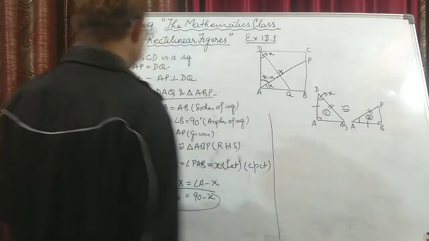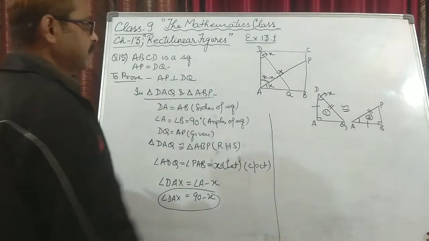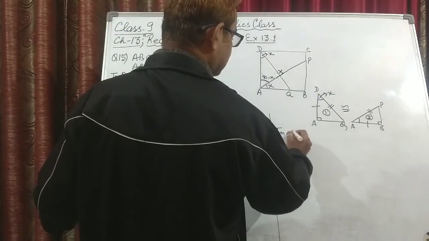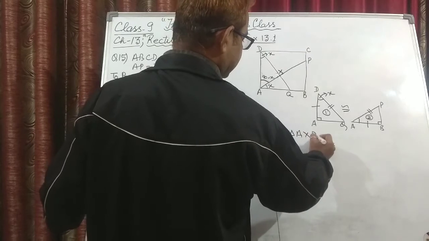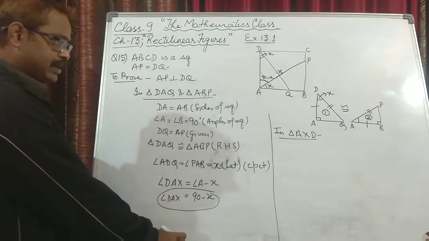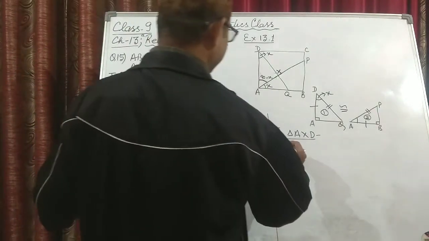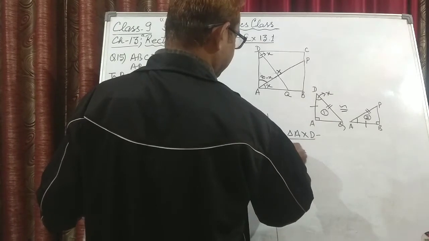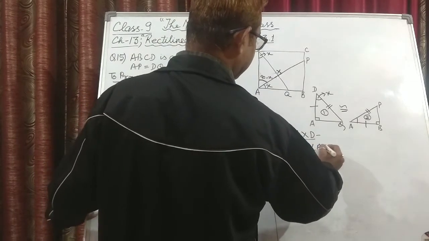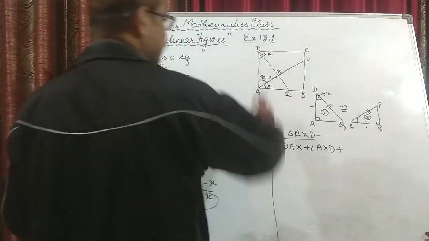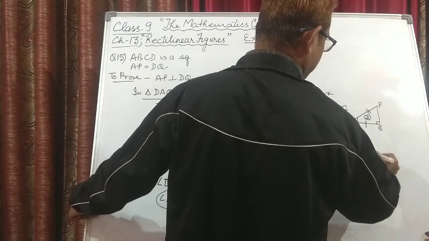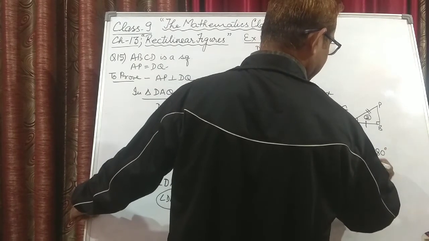Why? Because now we can say that if we consider triangle AXD, we know that the sum of all the angles of a triangle is equal to 180 degrees by the angle sum property. So we can say angle DAX plus angle AXD plus angle XDA is equal to 180 degrees by which property?